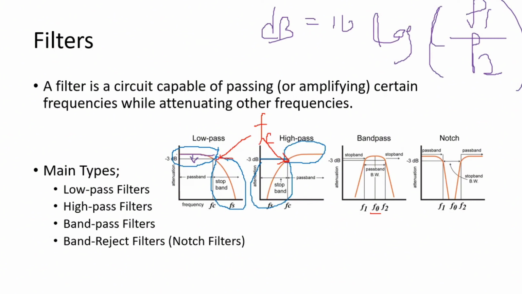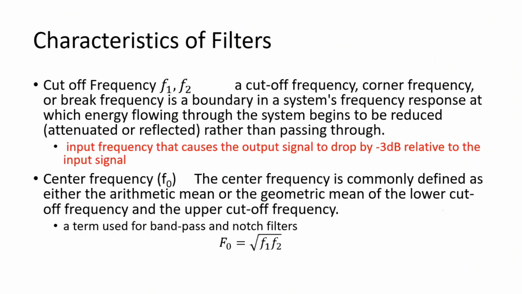The drop in energy of the circuit is what attenuates the signal, so we have a certain standard of minus 3 dB. If you find the minus 3 dB value from the input signal and calculate the frequency, we can get the cutoff frequency.